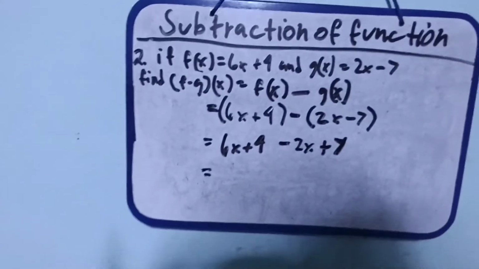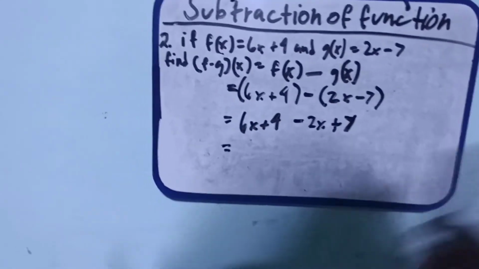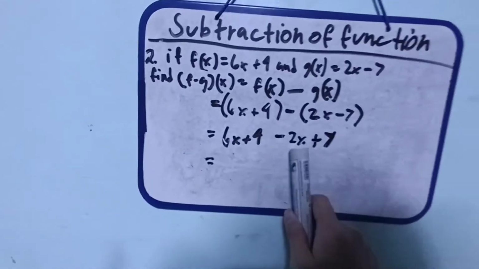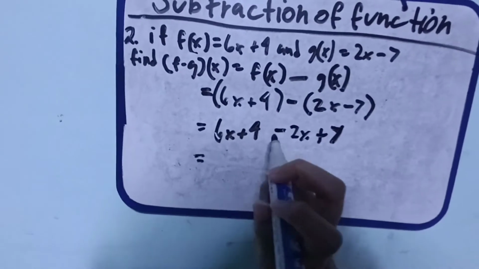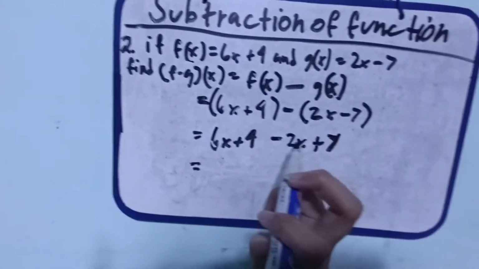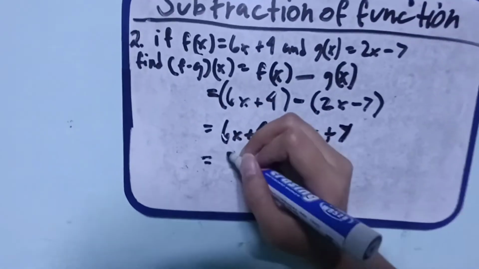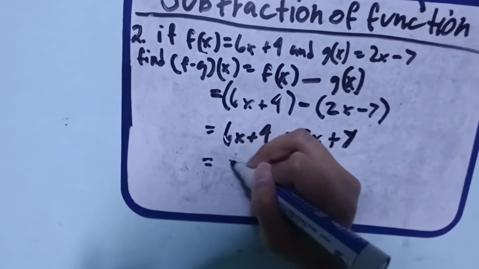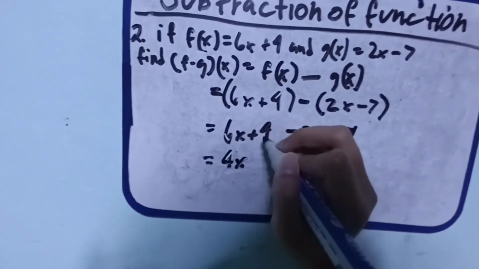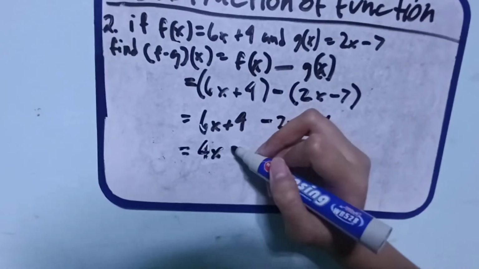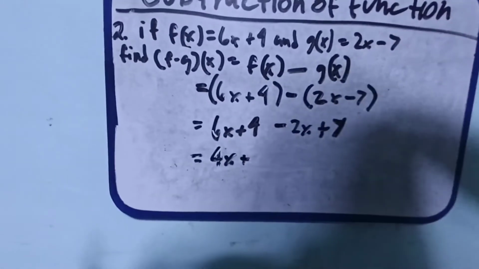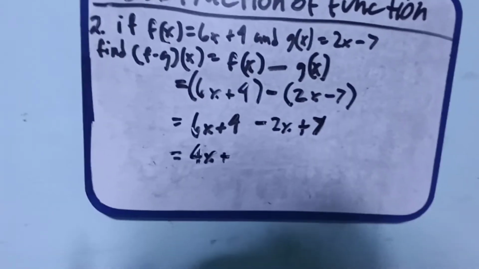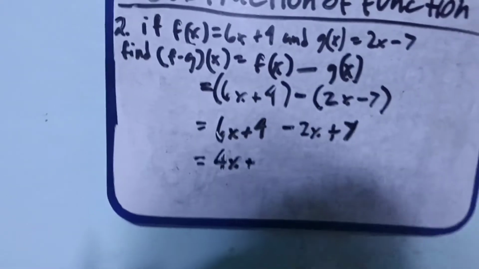Next step is solve. Magkapareha si 6x and 2x. So, positive 6x minus negative 2x. That would be 4x. Copy the higher sign, which is positive din, kasi mas malaki yung 6x. Positive 6x.